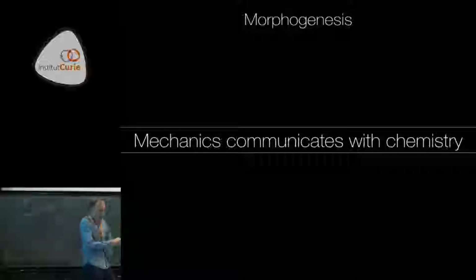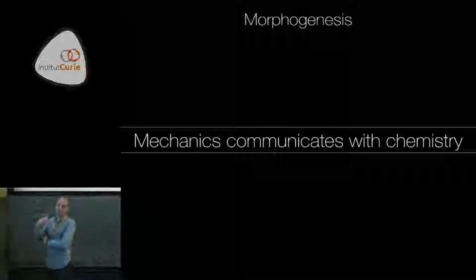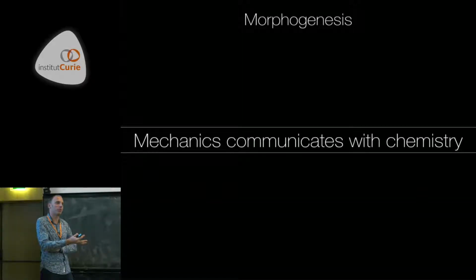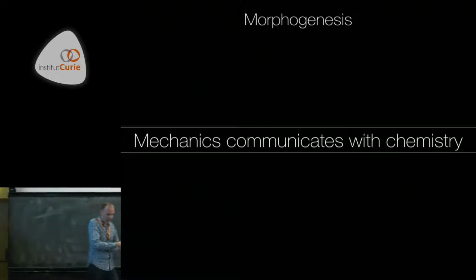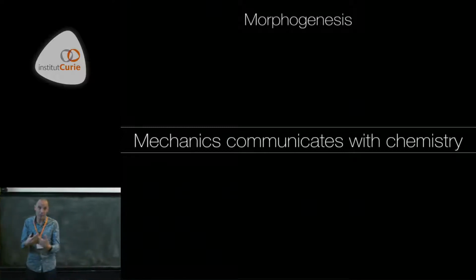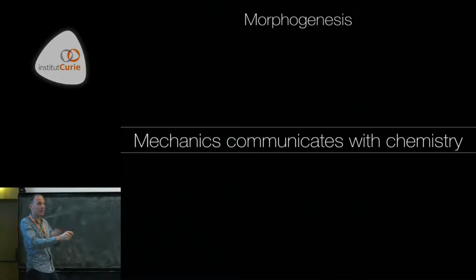I'm just going to call that chemistry, and when we look at as complex a patterning process as we've just seen, it's fair to state that in achieving the proper pattern, the proper shape, there is a communication between mechanics and chemistry. And what we'll get to over the next hour and such is that this can be really a two-way intertwined coupling. And if you think about the process of self-organization, it's not clear that it's always possible to clearly distinguish, to say that the chemistry is upstream of the mechanics or vice versa. You know, I believe there's many examples.